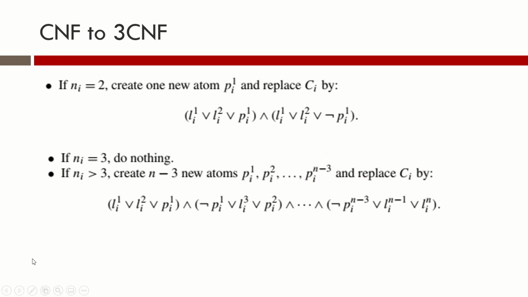We replace Ci by Li1 or Li2 or Pi1, and then negation Pi1 or Li3 or Pi2. Then in the next disjunction you will have negation Pi2, Li4 or Pi3, etc. Then the last disjunction will be negation Pin-3 or Lin-1 or Lin. You will understand it clearly when we see some examples.